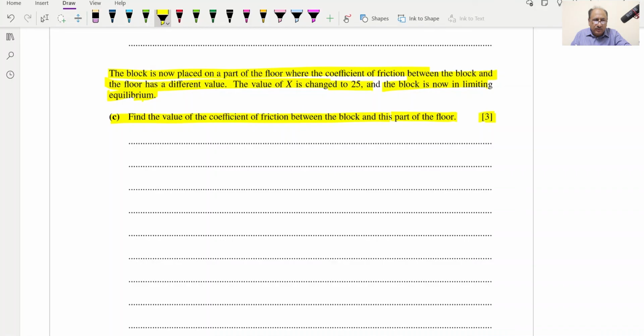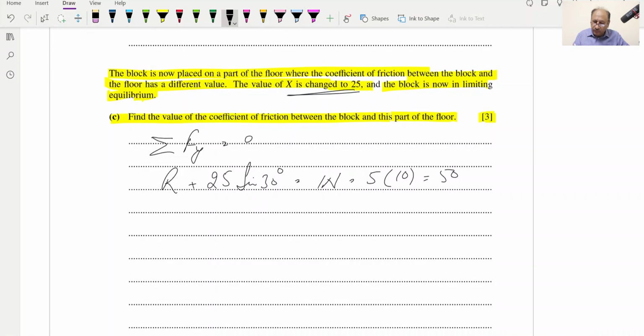Now we can resolve again. Sigma Fy is equal to 0, and this will be R plus 25. Now the x value is 25, so this will be 25 sine of 30 degree, and this will be equal to weight, and weight is the same weight, so this will be equal to 50.